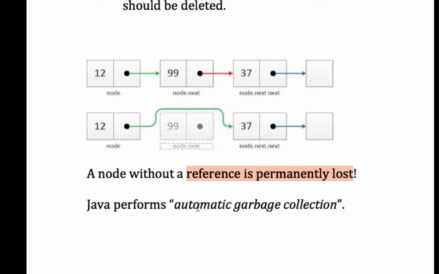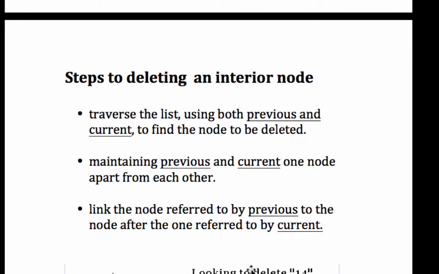Java recognizes that, and automatically, without us having to provide a statement, it releases these addresses, since you don't need that data, and makes that memory available for other operations. It's called automatic garbage collection. So let's talk about the steps to delete the node and use a different graphic.